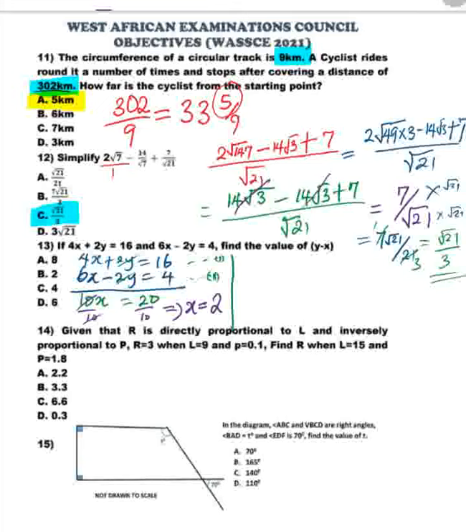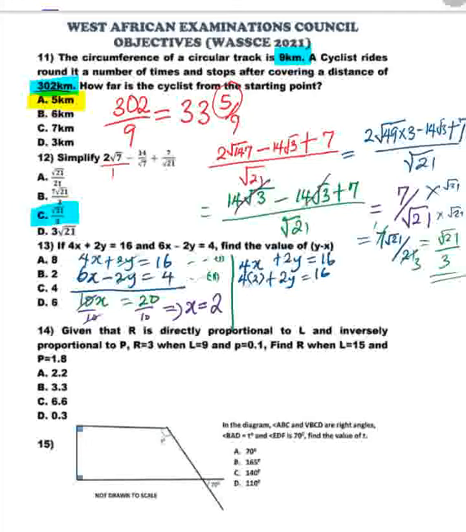Now, to find the value of y, we substitute into any of these equations the value of x that we have found. And let's substitute into equation 1 and see. We're going to have 4x plus 2y equal to 16. So anywhere we see x now, we put 2. So it's going to be 4 into 2 plus 2y equal to 16.